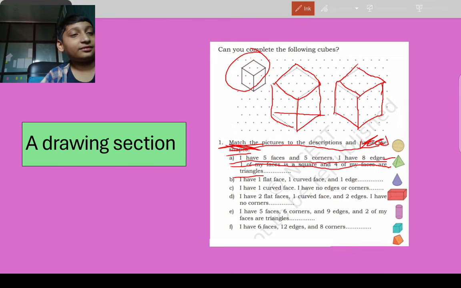I have one flat face, one curved face, and one edge.